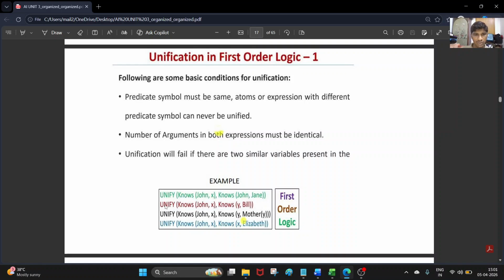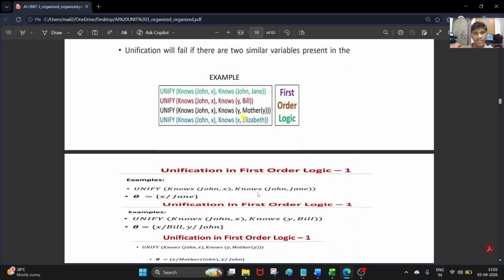Let us consider two statements: Knows(John, X) and Knows(John, Johnny). Knows is a predicate here with two arguments. The first argument is the same in both. The second argument is X and Johnny, so X can be replaced by Johnny. Once we replace it, the two FOL statements look identical.